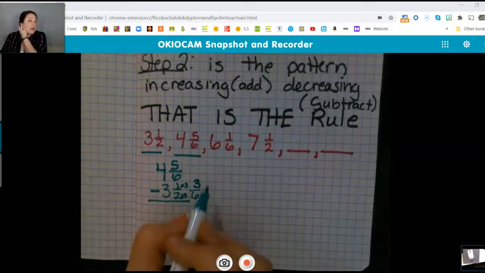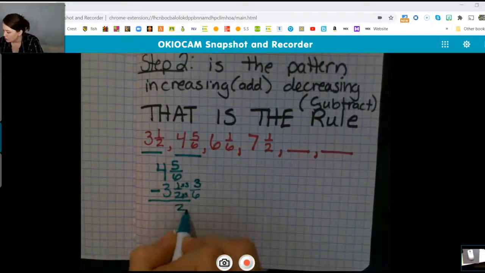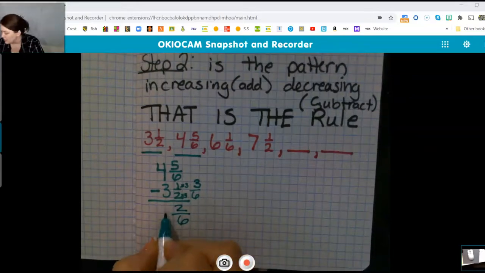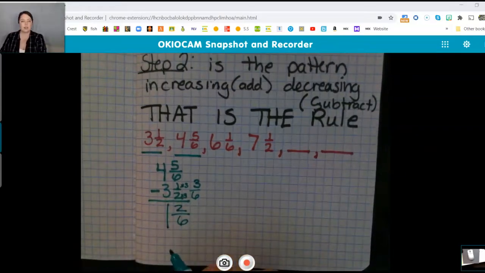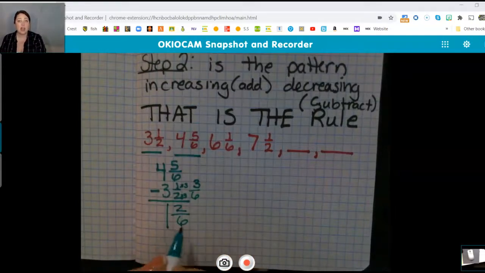Done. Now I subtract the numerators. 5 minus 3 is 2 sixths. 4 minus 3 is 1. So when I subtract two terms that are next to each other, I get 1 and 2 sixths.